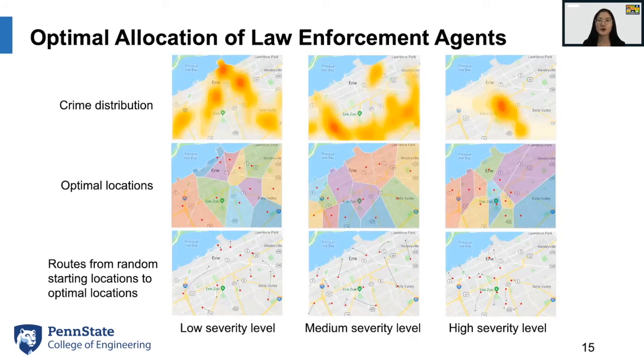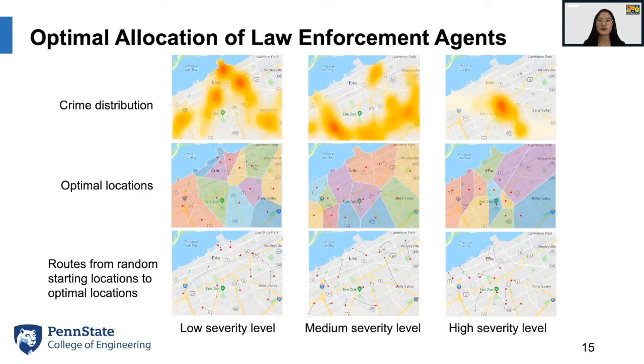We use 12 agent allocation to demonstrate performance of proposed algorithm. The first row in this figure shows the crime distribution of 3 severity levels. Second row gives the optimal locations of 12 agents.